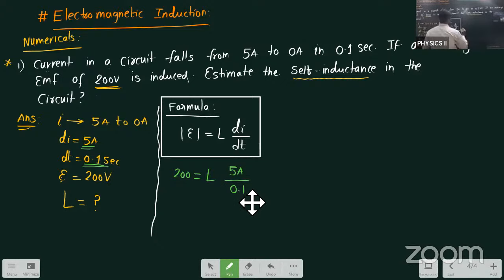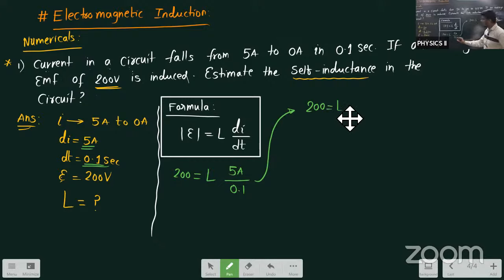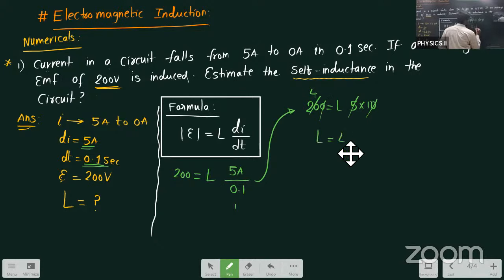This 0.1 can be written as 1 by 10. So 200 equals L into 5 divided by 1 by 10. If I take the 10 to the numerator, it becomes 5 into 10. This 0 and this 0 get cancelled. 5 fours are 20, so L is equal to 4.